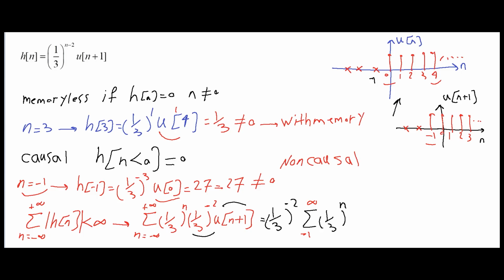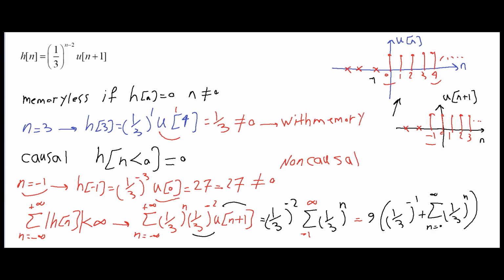Now let's expand the first term. At n equals -1, 1/3 to the power of -1 equals 3. So we get 9 multiplied by 3 plus sigma from 0 to positive infinity of 1/3 to the power of n.